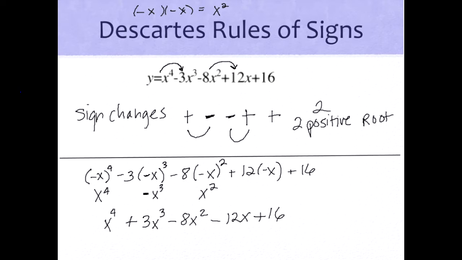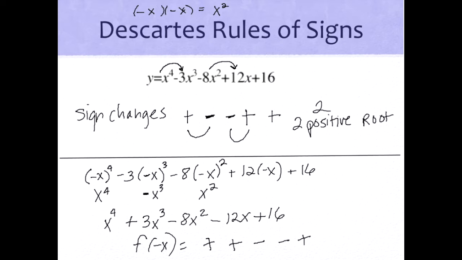The general rule of thumb is when you are replacing an x with a negative x, the odd powers end up being changed. So notice what we ended up with down here was a positive x to the fourth, positive 3x to the third, negative 8x squared, negative 12x, and positive 16.